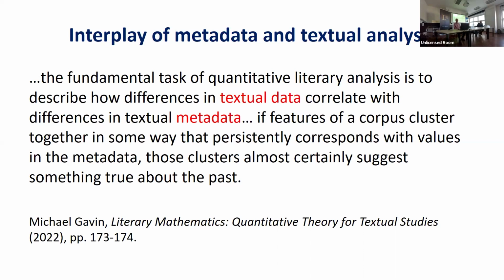If features of a corpus cluster together in some way that persistently correspond with values in the metadata, those clusters almost certainly suggest something true about the past." Look at the last statement. I think this is a radical statement from an epistemological point of view.